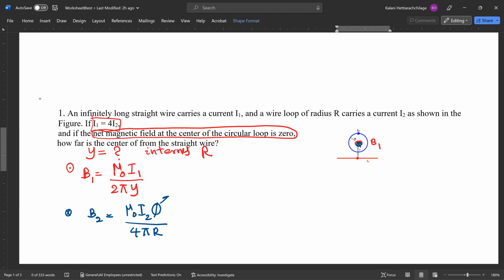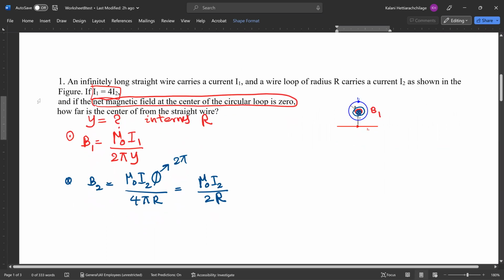But this phi is for a complete cycle, and a complete cycle angle is 2 pi. So I can simplify this: mu naught I2, the 2 pi will cancel out, and I have 2 and r.